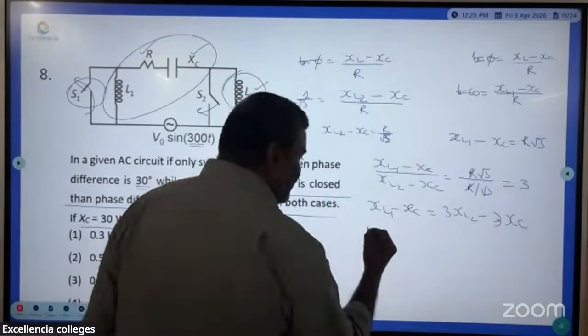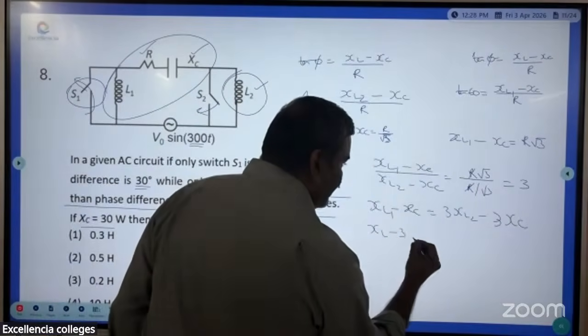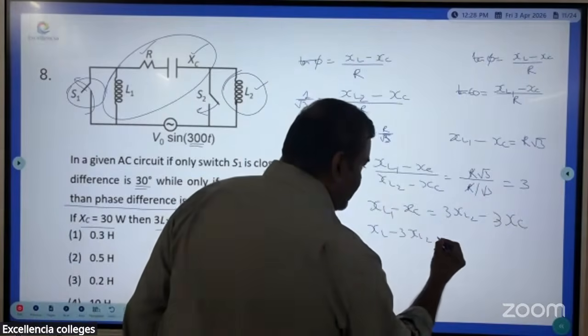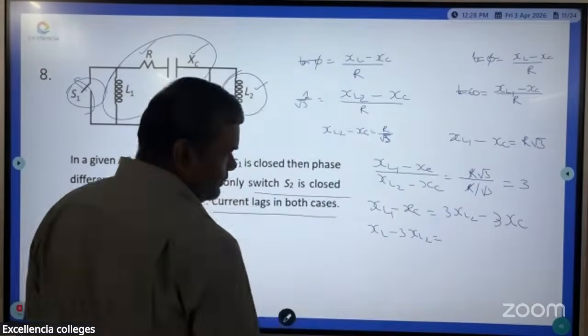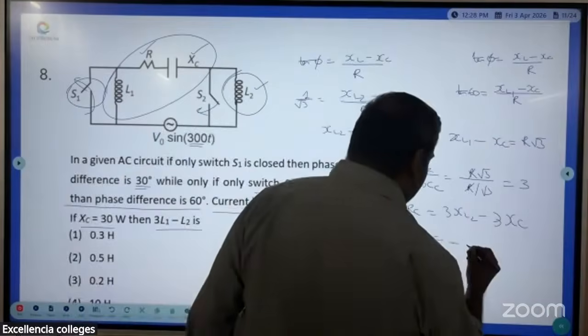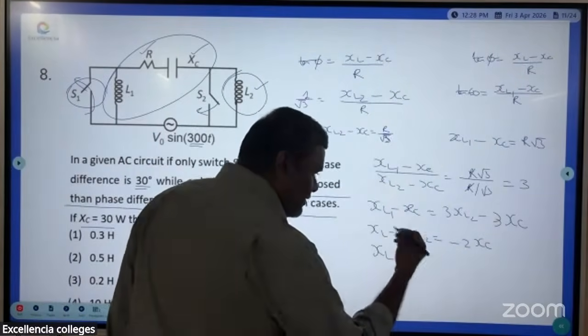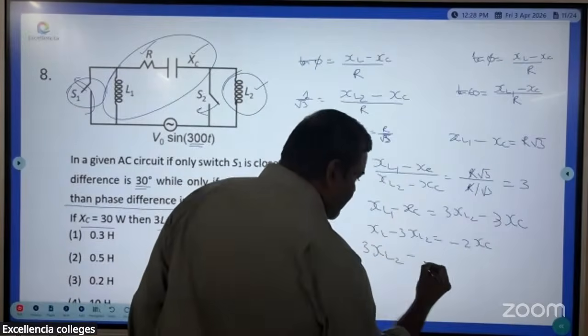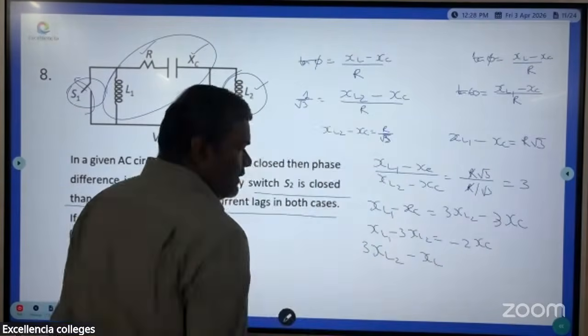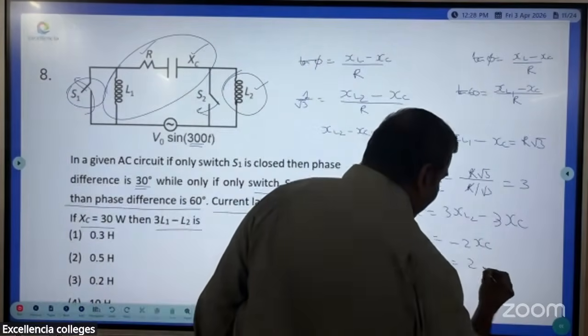So if I send it on this side, I will get XL1 minus 3 times XL2 equals minus 2XC. रिवर्स वे में लिखेंगे, 3 times XL2 minus XL1 is equals to 2XC here.